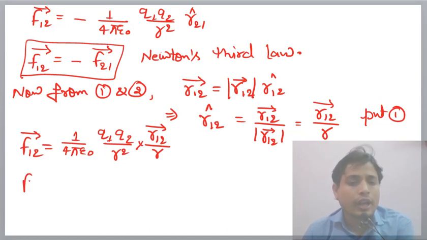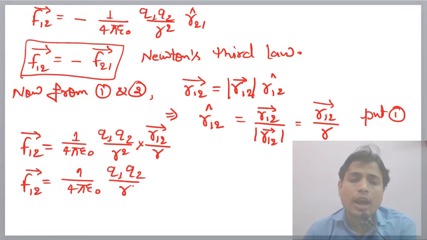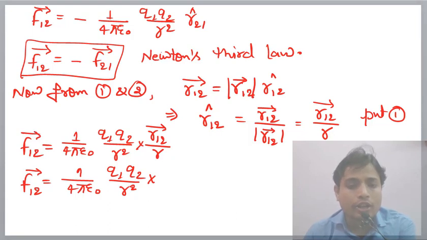Then f12 vector equals 1 upon 4 pi epsilon naught q1 q2 upon r square into r, so it will be r cube, into r12 vector.